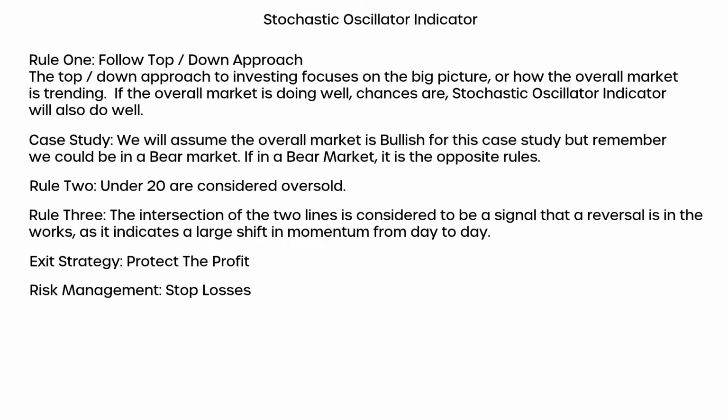We protect our profits by using ATR for the volatility. And then, of course, we have stop losses for the occasions that we are incorrect. This is a great system, Stochastic Oscillator indicator. This is one of our 50 indicators we use to tell us which stock to get into, the macro picture.